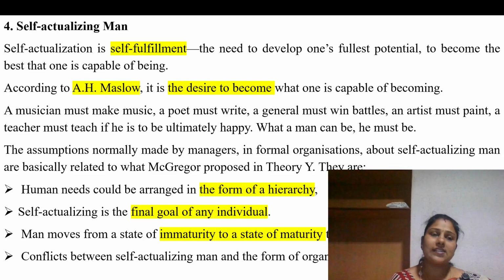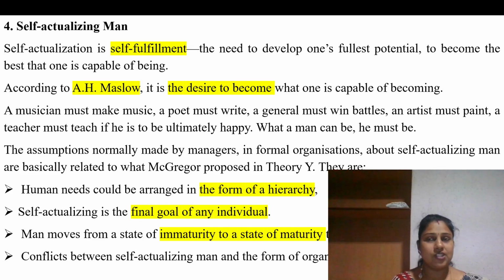The fourth one talks about the self-actualization man. That is self-fulfillment. Everybody has their own fullest potential, and if it is used, then they will call it self-fulfillment, where needs have been identified and achieved. According to Maslow, everybody has the desire to become what he wants to become.